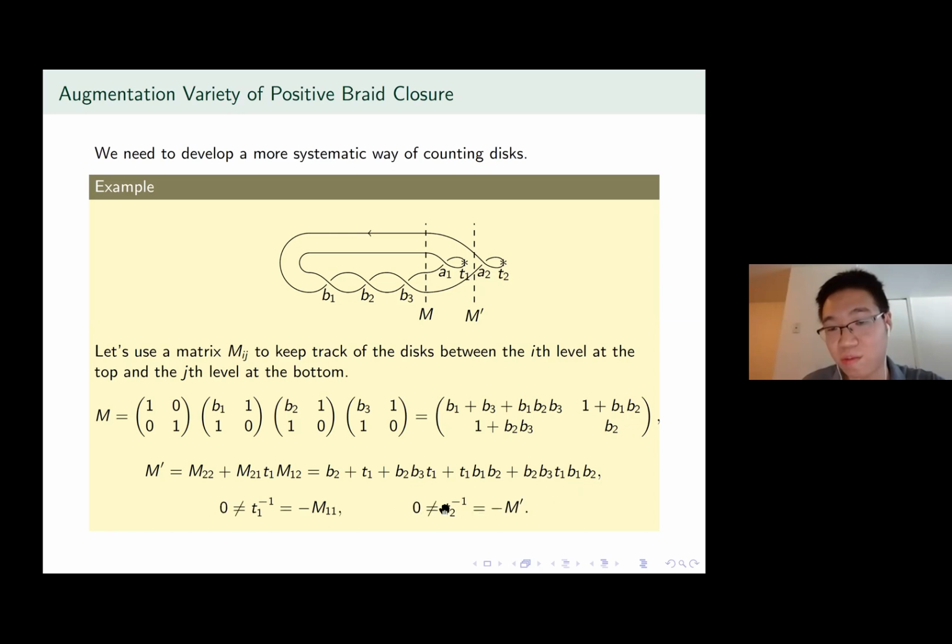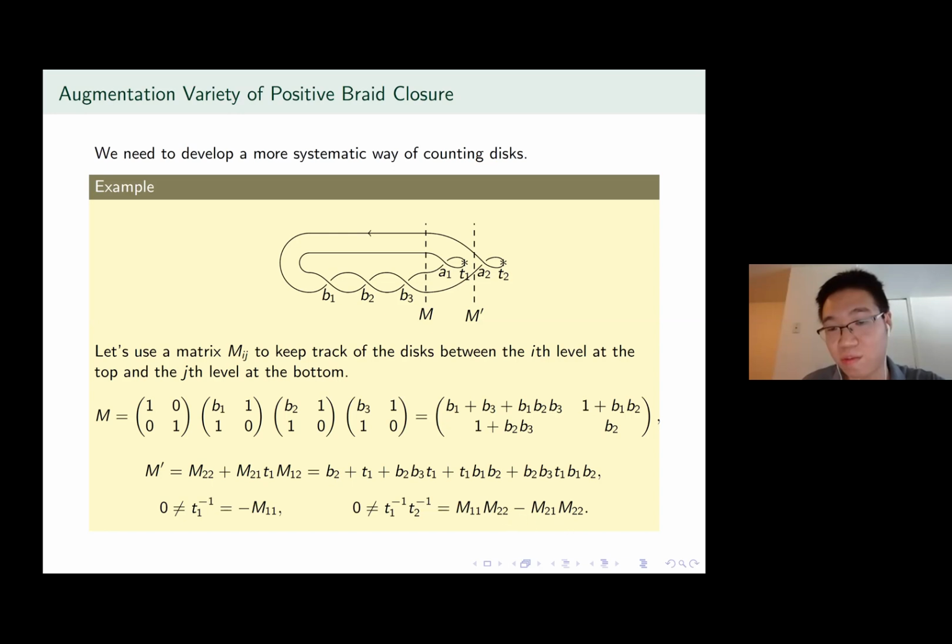Since T1 inverse is non-zero, you can multiply the second by T1 inverse. So you take the M prime and put it here, so you get minus M22 minus M21 times M11 inverse times M12, there's a typo.